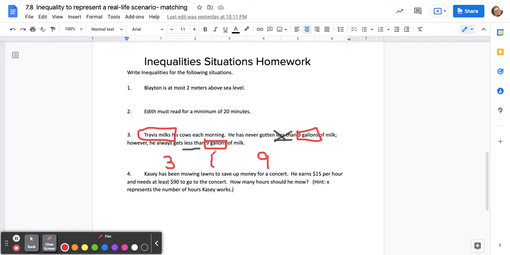He's never gotten less than 3, so that's why I cross that out. Therefore, Travis gets more than 3, not equal to, but just more than 3. And he always gets less than 9, not equal to 9, but less than 9 gallons.